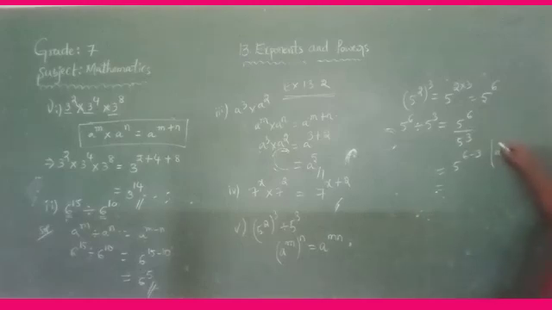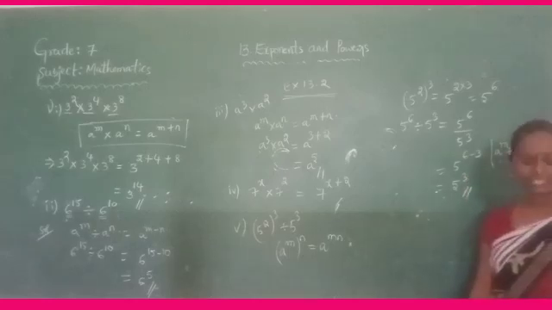So the formula is a to the power of m divided by a to the power of n is equal to a to the power of m minus n. Using this law, we can subtract the exponents. So 6 minus 3, what is 3, 5 cube. Is it clear, children?